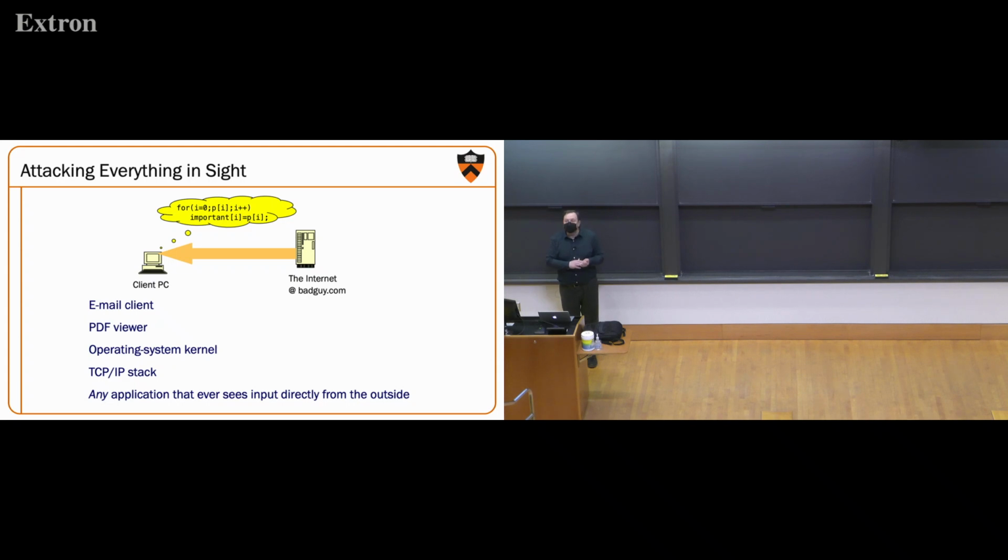Basically, any piece of code that you commonly run has probably had an overrun vulnerability at some point in its history. And that has probably caused real damage to the tune of 10 to the 6, 7, 8, 9 dollars, quite literally.